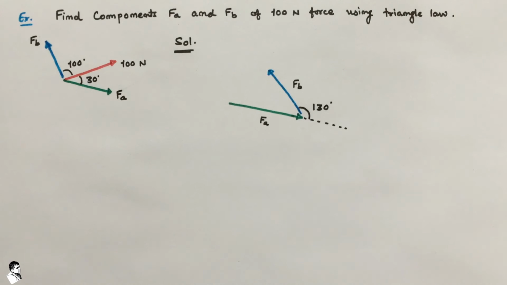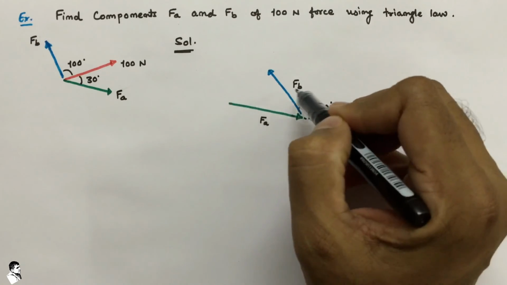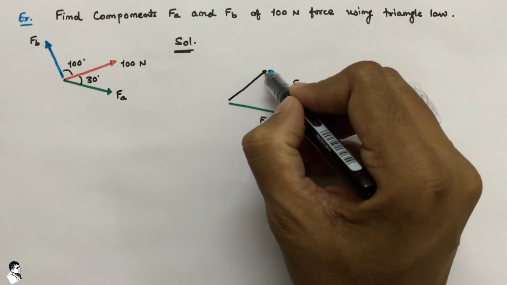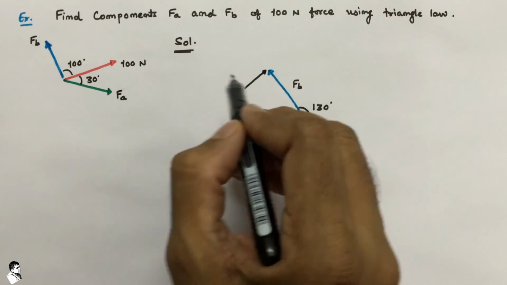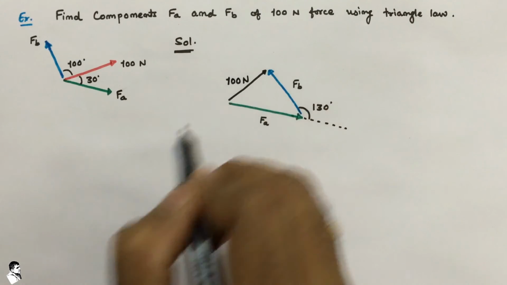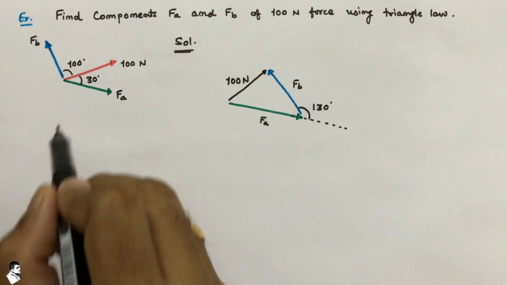And again in the reverse order, if we join the force components FA and FB with the closing side of that triangle, that is the given force, or that force is now our resultant.